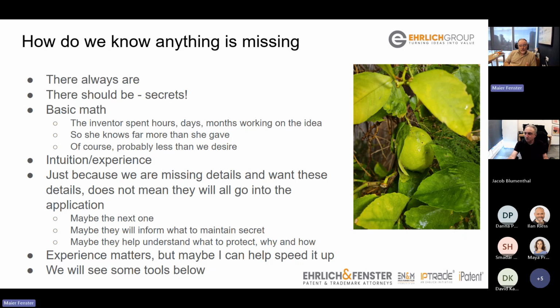And maybe they'll just be used to help us understand what it is we want to protect and how we'll protect it. Now, obviously, this is a question of experience, but I think if I give the pointers I'll give today, it will help all of us who take disclosures become better at it. And I'll also suggest a few tools that might be helpful.